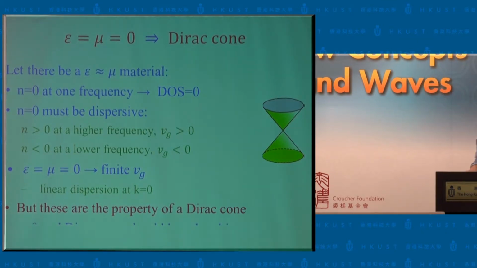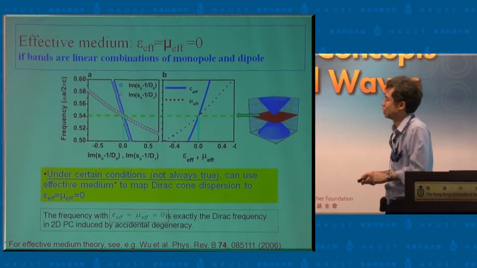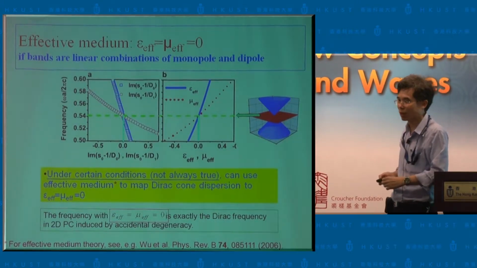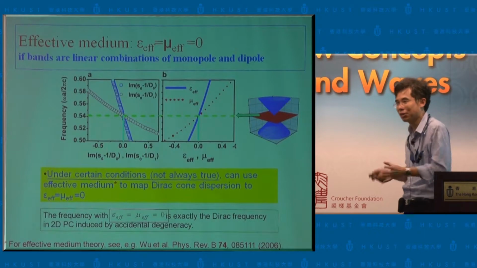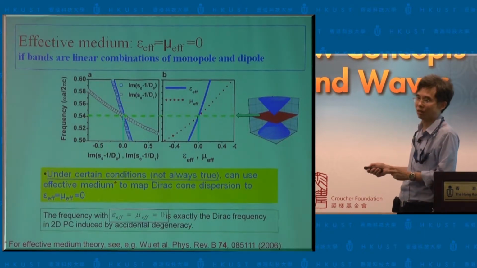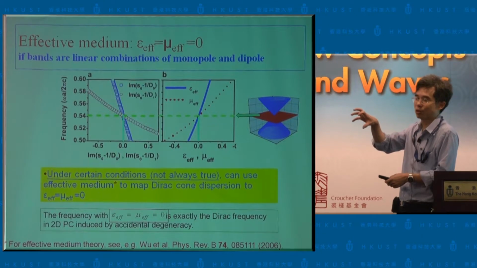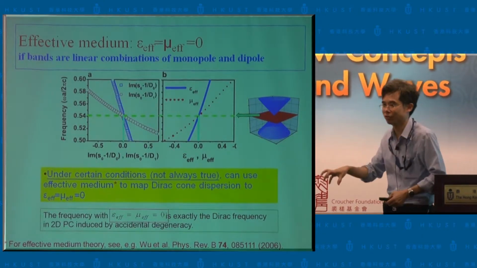And so what happens is that if I have a discrete system, for example, a photonic crystal or maybe a metamaterial, and by design my system has a Dirac-like cone, if I want to claim that it behaves like a refractive index equal to 0, then what is missing in between must be some kind of effective medium theory.